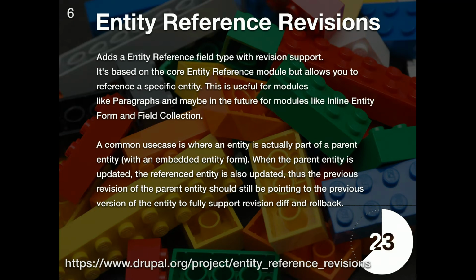So you have one node that references, say, a people profile, and each of these things can have different revisions or versions, and being able to make sure that the right revision is displayed with your node can be complicated. So this kind of helps fill that gap, I guess.